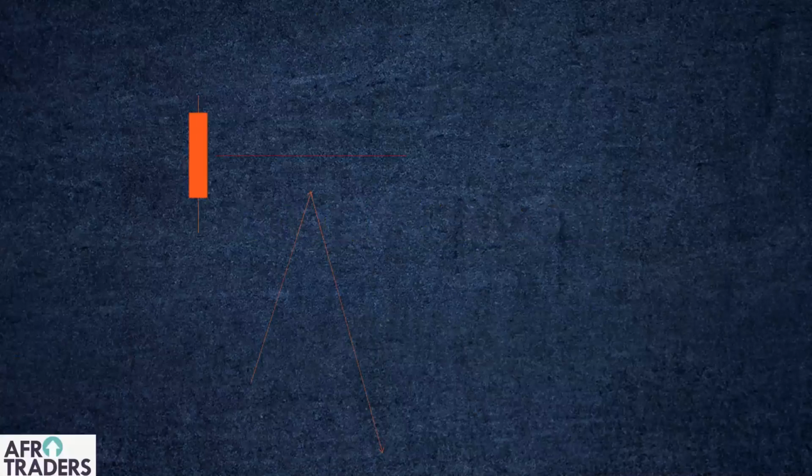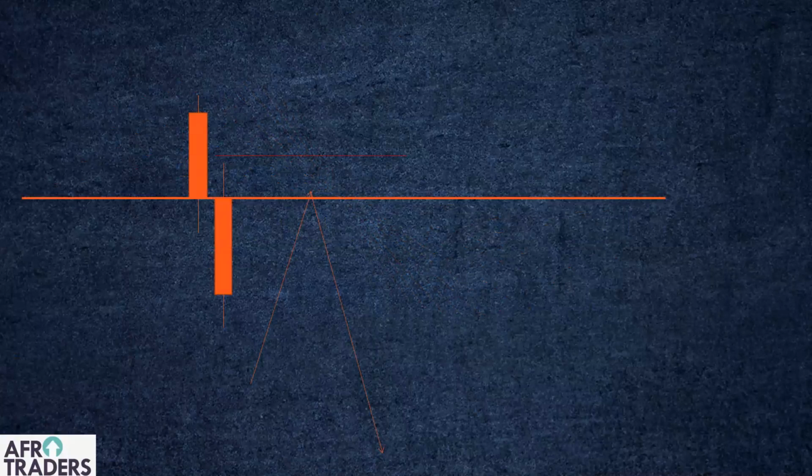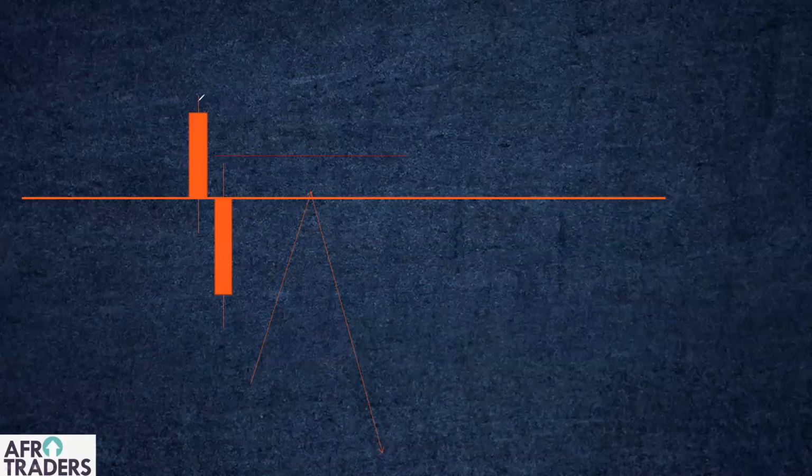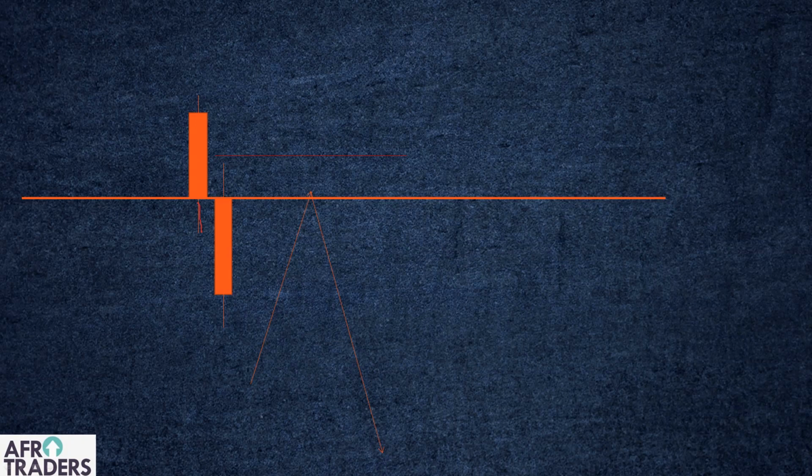So the hidden base is when we have two candles of the same color or the same direction, like this. One has a wick down, and the other one has an upper wick, like this. So you have a wick here and you have a wick here.